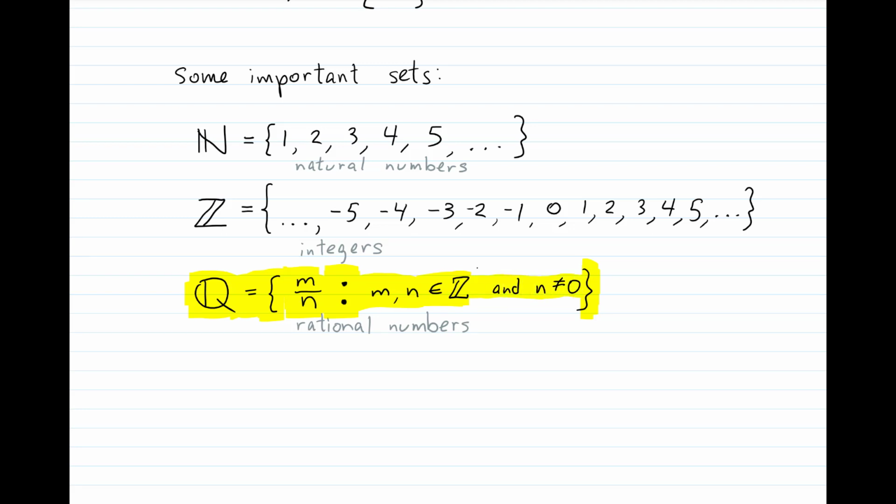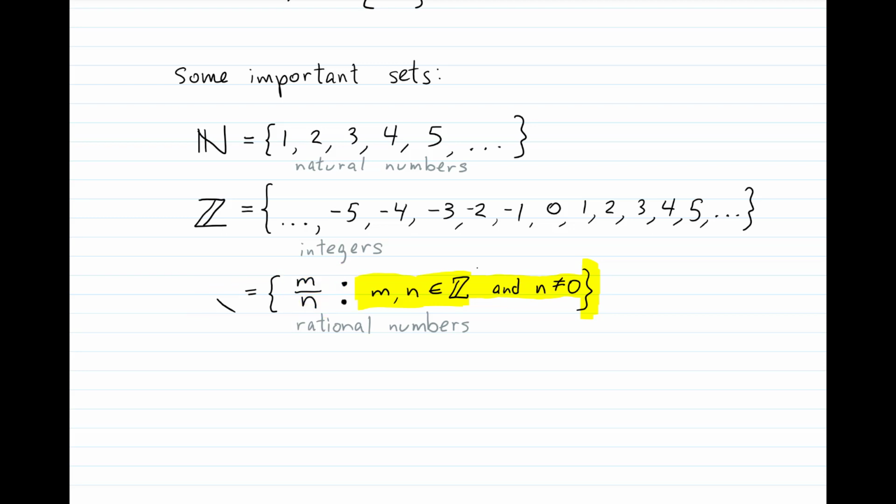Okay, so I'm going to say it again all at once now. Q equals the set of m over n such that m and n are elements of the integers and n is not 0. Okay? Now, that colon, that means such that.